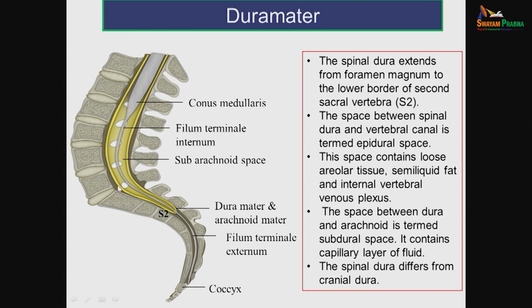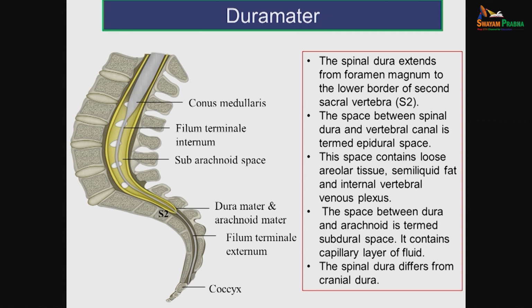The dura mater covering the cord is going to extend from the foramen magnum to the lower border of S2, the second sacral vertebra. The space between the dura mater and the vertebral column, where I am pointing, is called the epidural space.